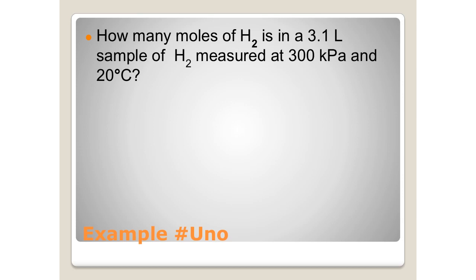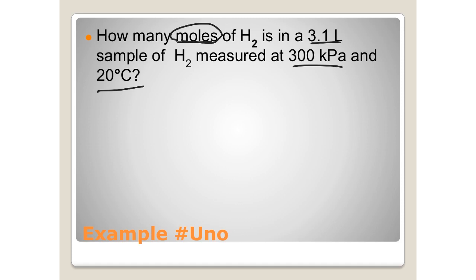So here's an example. How many moles of H2 is in a 3-liter sample of H2 measured at 300 kilopascals and 20 degrees Celsius? Notice that you're given lots of information. Moles, liters, pressure, and temperature. When you were doing the other gas laws, moles was not involved.